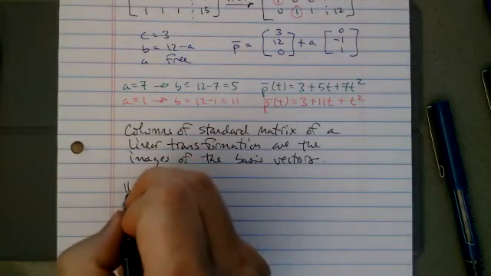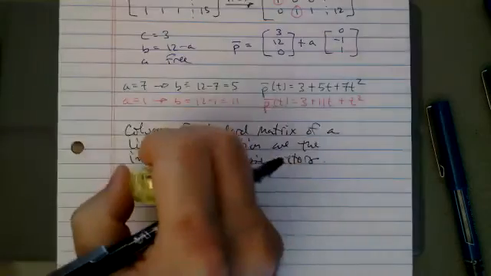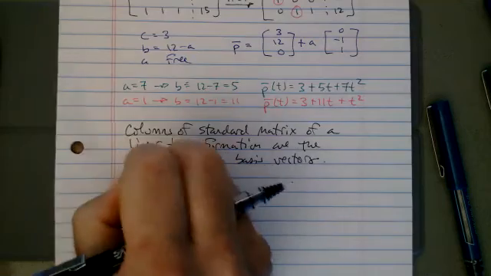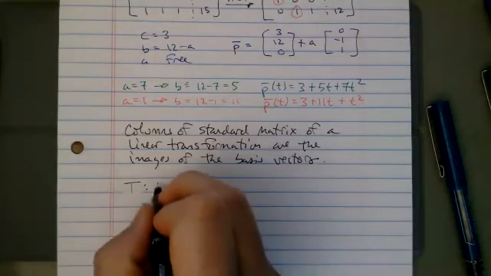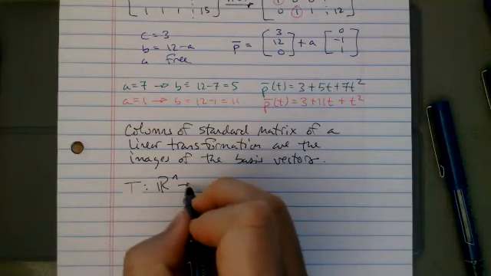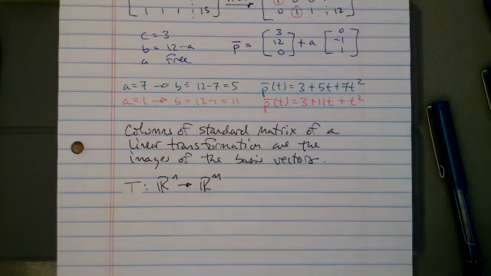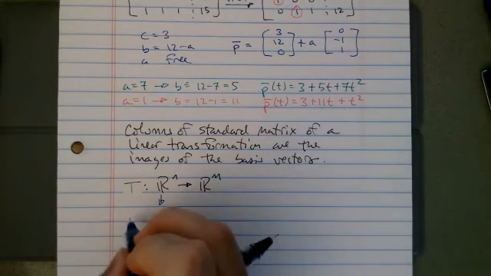So if, oops, not double T. We have a transformation T that maps, say, Rn to Rm, and this has a basis.